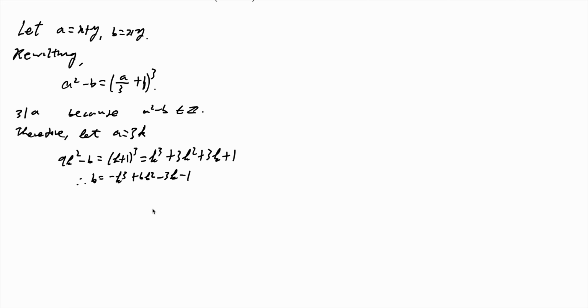Then, we defined a as x plus y and b as xy. I think it's quite obvious to write a new equation based on a and b, because we cannot really continue from here. So for an equation in T, let's consider this equation. Then the roots should be x and y by Vieta's formula. That means its discriminant is a square number, because x and y are integers.